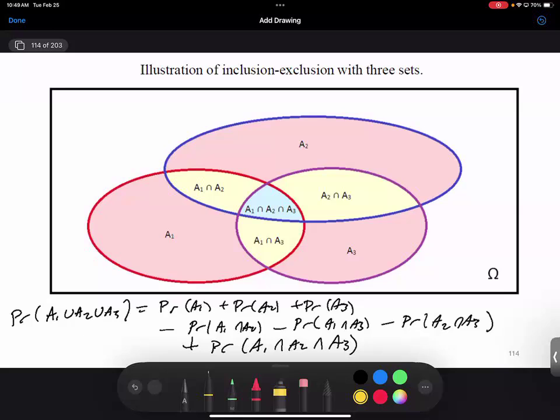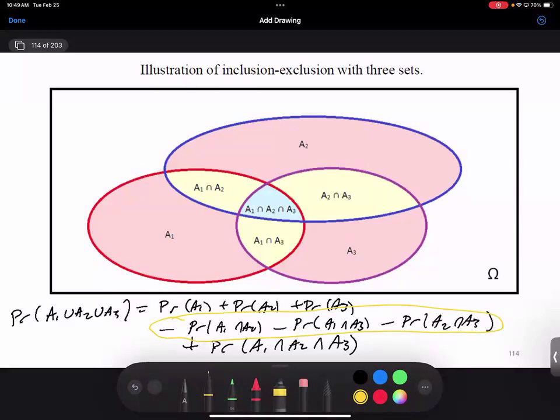The A1 intersect A2 is counted once because it lives inside the probability of A1, and once because it's part of A2. So that's why when we're trying to calculate the probability of the union, we have this subtraction here of those three terms, because they've been double counted.